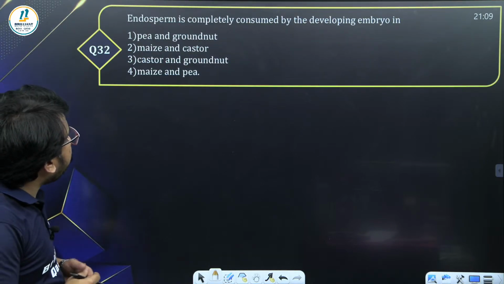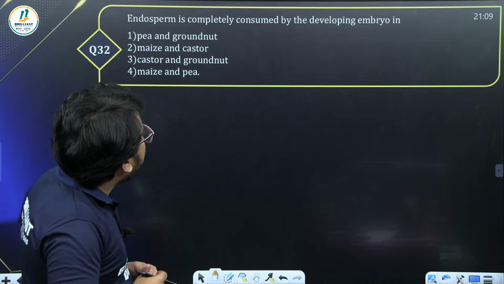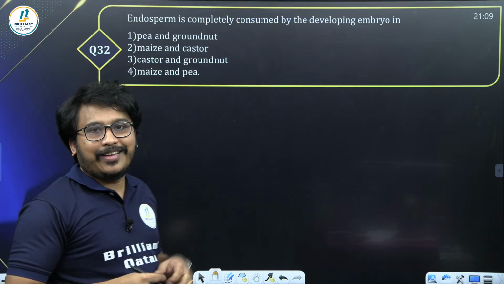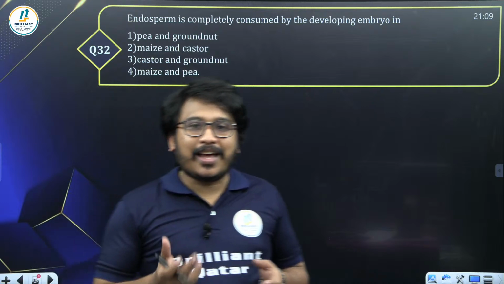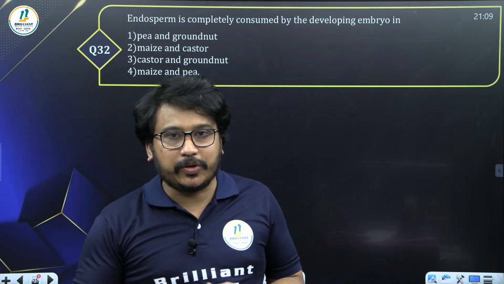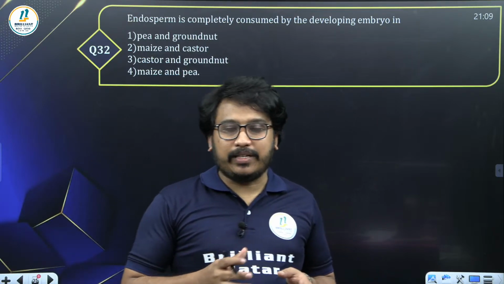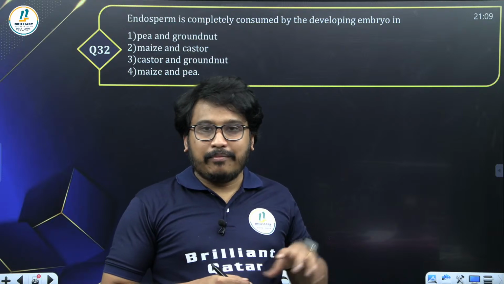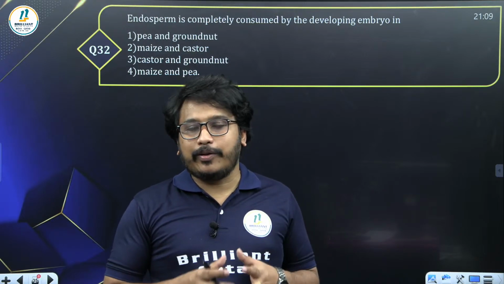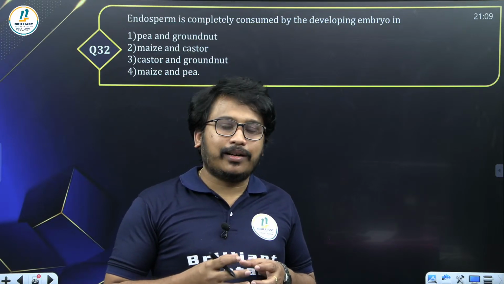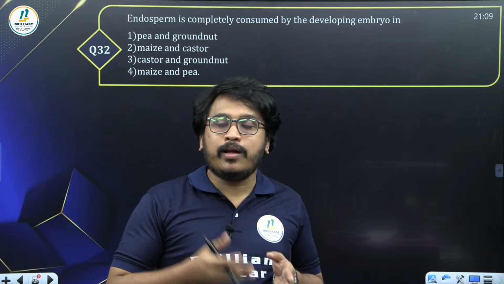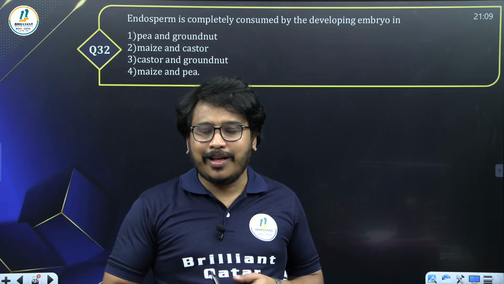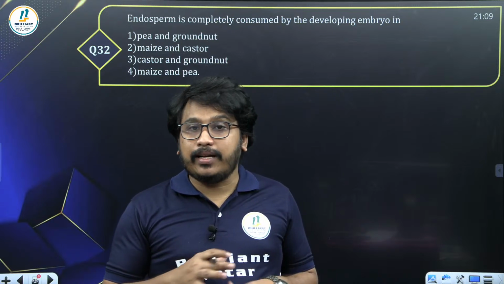Now endosperm is completely consumed by the developing embryo in, example is dicot. Generally you can see in dicot the endosperm is completely consumed. Exceptions are there, but in dicot you can see generally during the development of the embryo into the plumule, radicle, cotyledons and all, endosperm will get completely consumed.